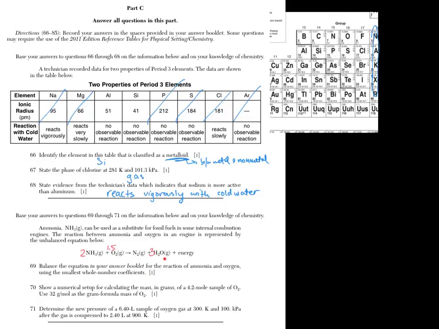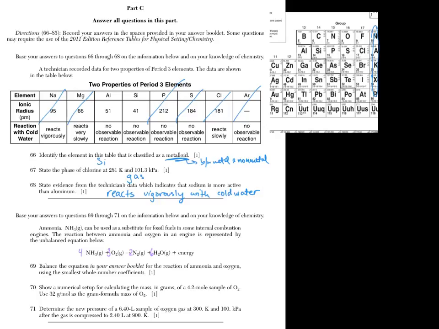To make these whole number coefficients, I'm going to double each of these. I'm just going to erase for a moment. And this is what we get. Now let's double check. We've got 4 nitrogens, 4 nitrogens, 12 hydrogens, 12 hydrogens, 6 oxygens, 6 oxygens, and we're good. That is your answer for number 69.